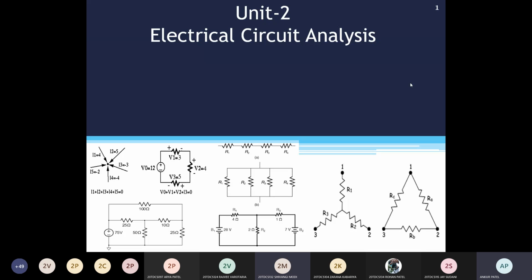If any one of the appliances in the connection goes off, the others will not be affected. Yes, sir. In a parallel connection, let us take four appliances connected in parallel. If one of the appliances has a problem or breaks in the circuit, the other three won't get affected. Yes. Good. Okay, then second advantage.